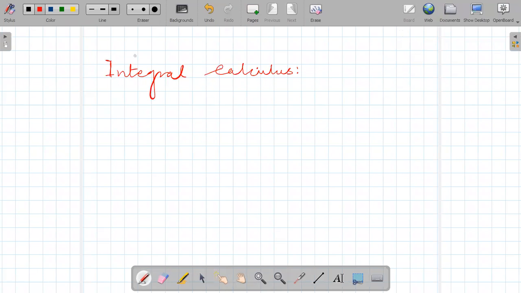And dear student, in electrodynamics, there are several different kinds of integrals, among which the most important are, number one, line integral, also referred to as path integral.